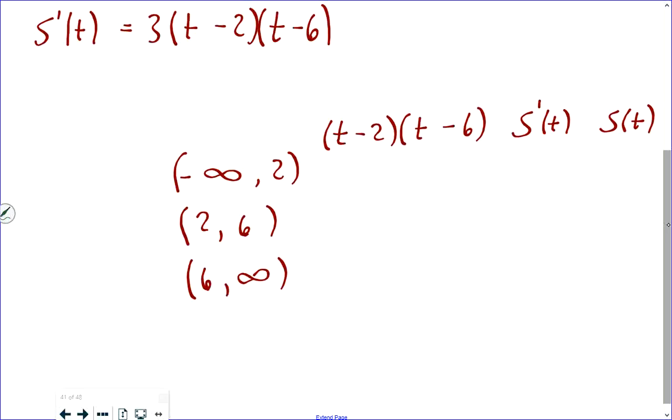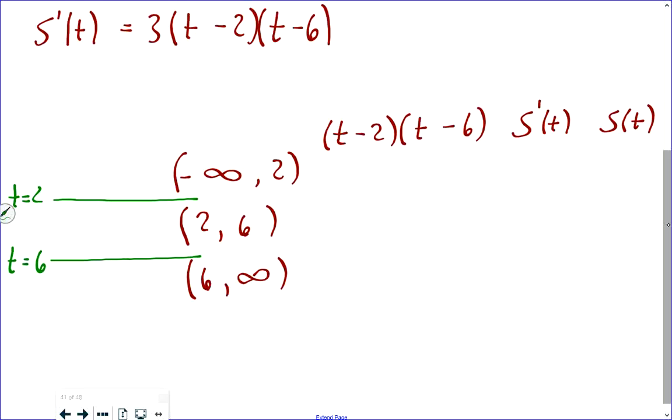I hope everybody agrees that since these three domains all have round brackets, they don't include the endpoints, right? That we would never use t equals 2. And we would never use t equals 6, right?